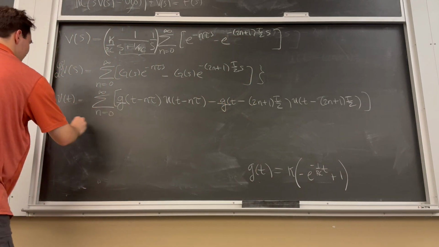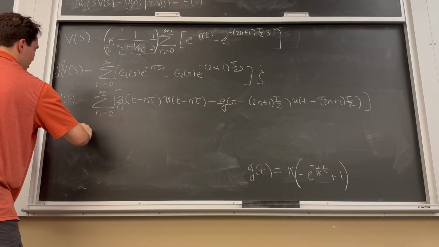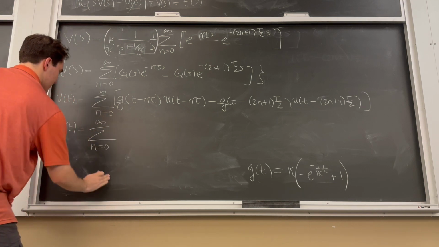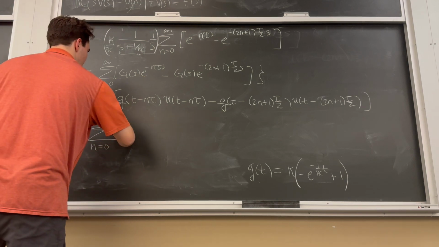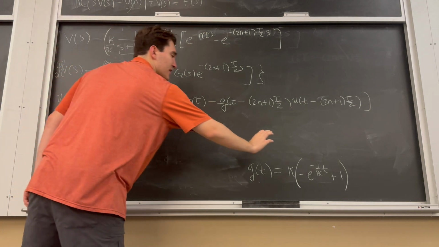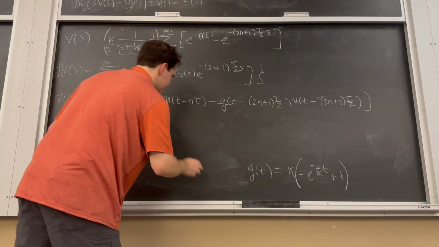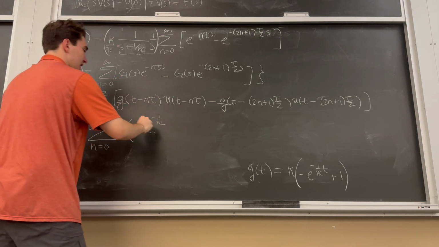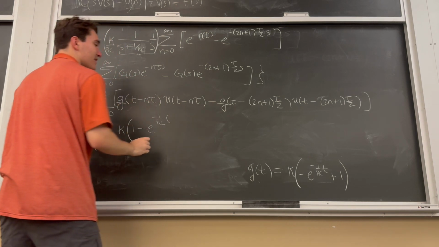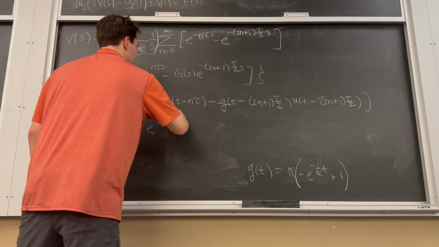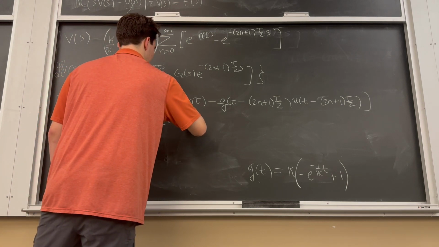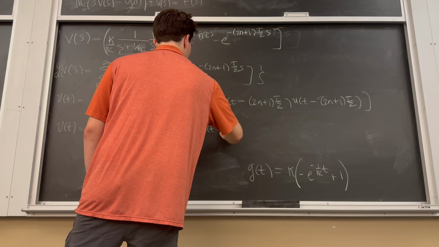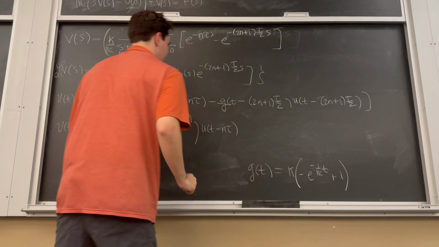That's going to mean that my final answer for the voltage across the capacitor is going to be the sum from n equals 0 to infinity of K times, I'm actually going to flip the order of the terms in the parentheses there, so that it's a little easier for myself to understand, e to the negative 1 over RC, and then instead of times t, remember I got to apply the shift based on Laplace transform rules. Close that parenthesis. Perfect. That's how we do that.